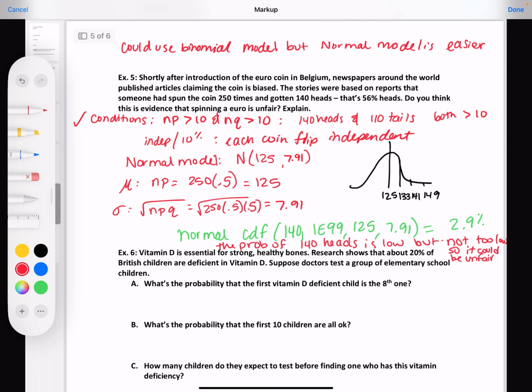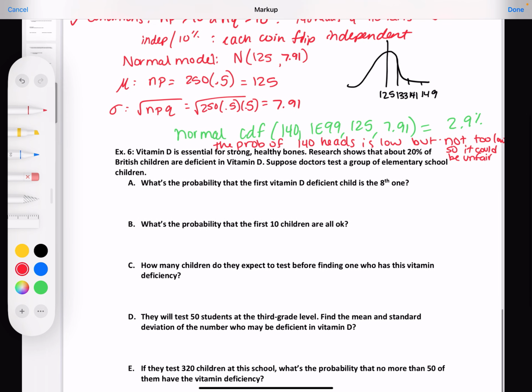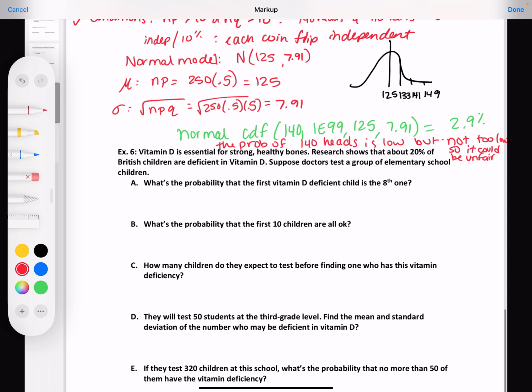I would say it could have just been very random, since every flip is independent. But you could have told that just from looking at the normal model. Normal CDF also shows you the percentage, which is very low.